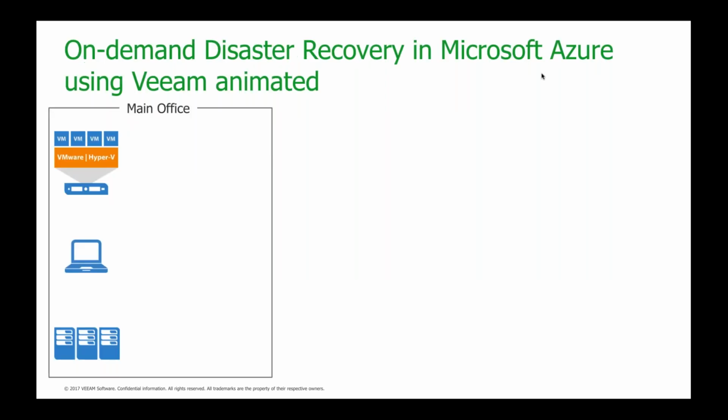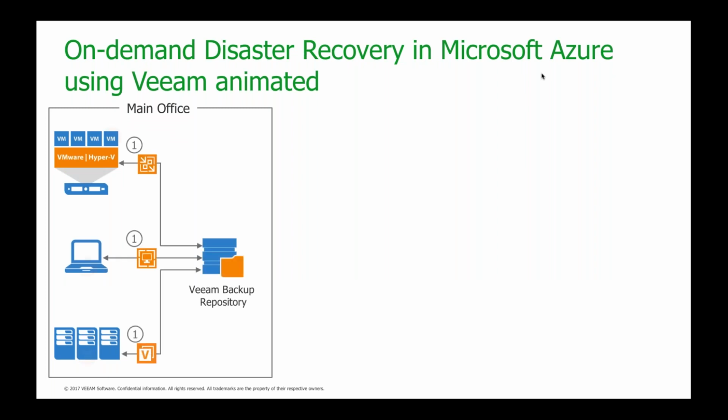If we have a look at a couple of use cases, this one is typically looking at a main office location. The main office has a bunch of workloads running on either VMware, Hyper-V, we've got the agents there, we've got physical servers, everything that Veeam can now back up. And we're bringing all these workloads into a Veeam backup repository that lives on site.